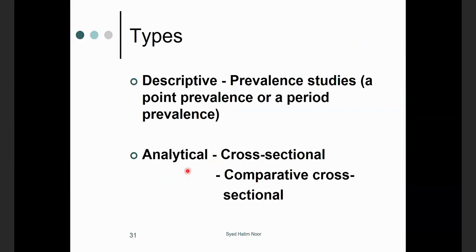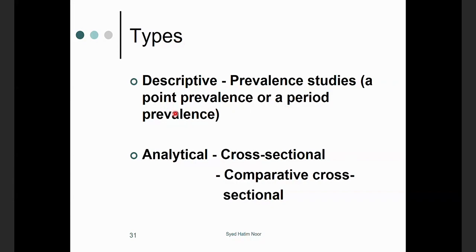The first type is descriptive. The special feature of the cross-sectional study is that you can measure prevalence. Incidence was for the prospective cohort, right? For prevalence, you use a cross-sectional study. There are point prevalence and period prevalence.